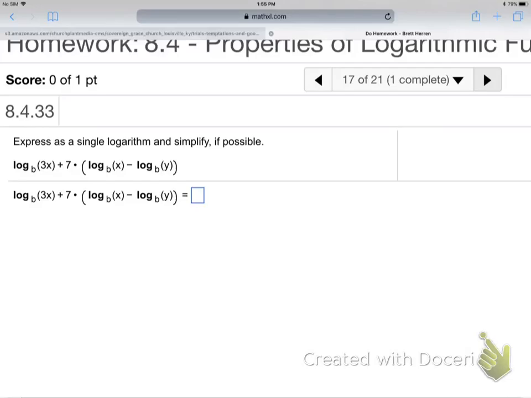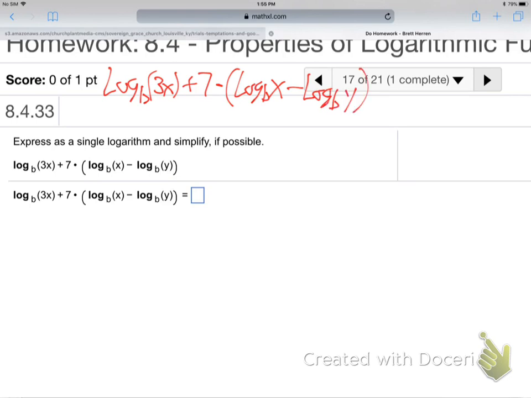All right, you want to try that one? Maybe I'll write it up here. So log base b of 3x plus 7 times log base b of x minus log base b of y.